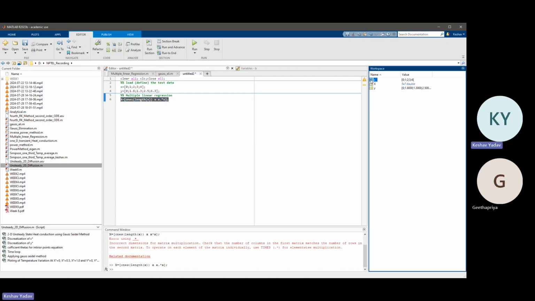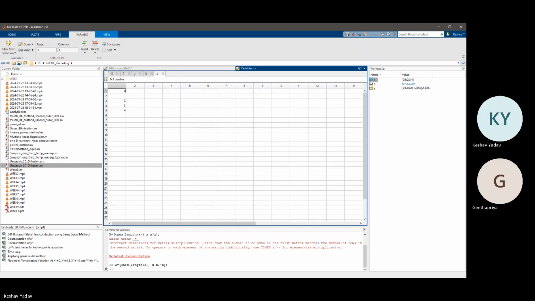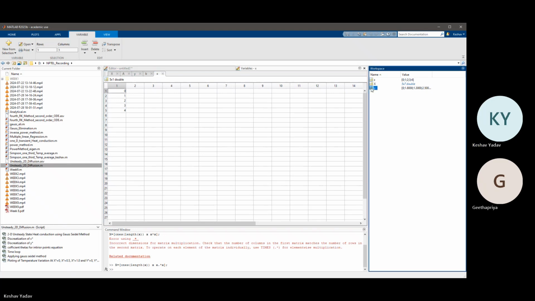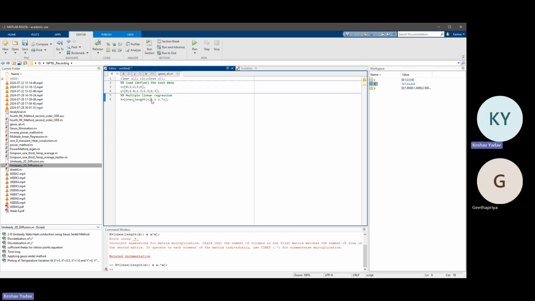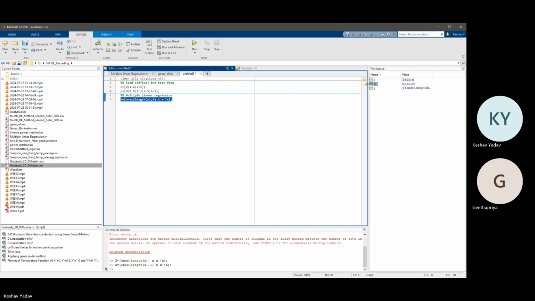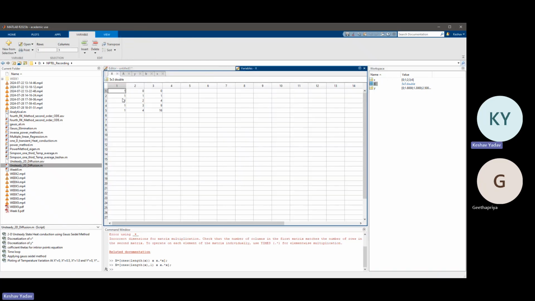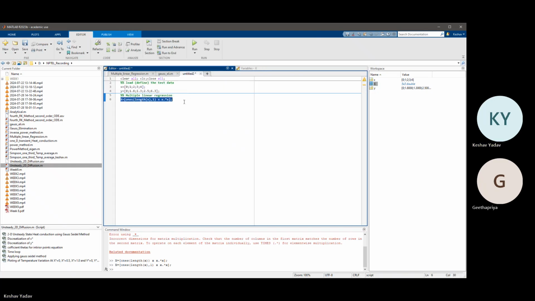So here is my x. Now I have defined the X.